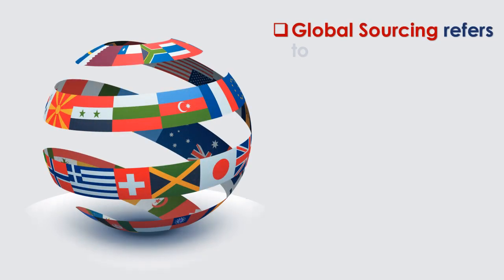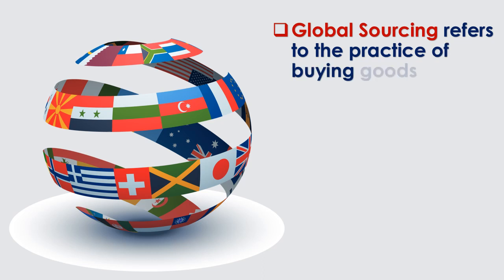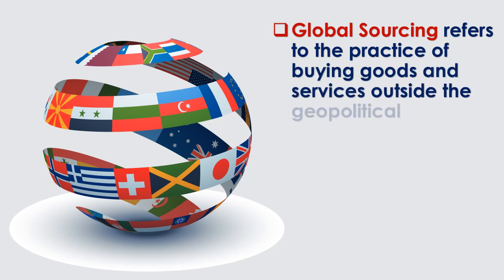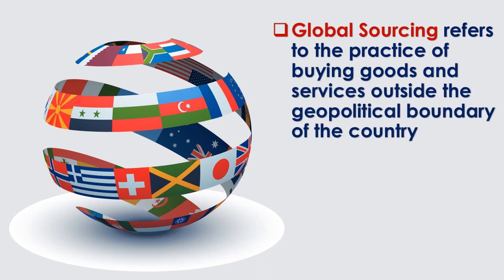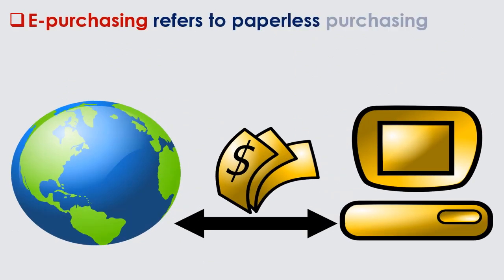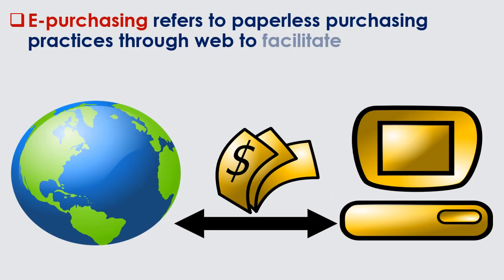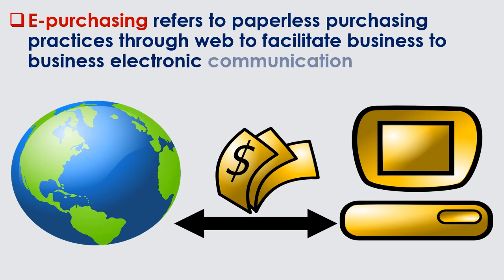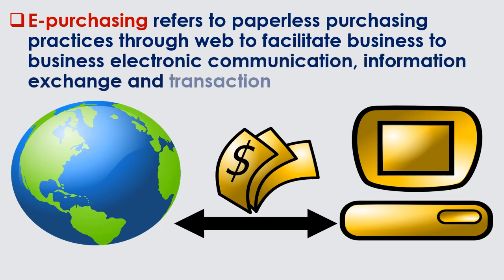Global sourcing refers to the practice of buying goods and services outside the geopolitical boundary of the country. E-purchasing refers to paperless purchasing practices through the web to facilitate business-to-business electronic communication, information exchange, and transaction support.